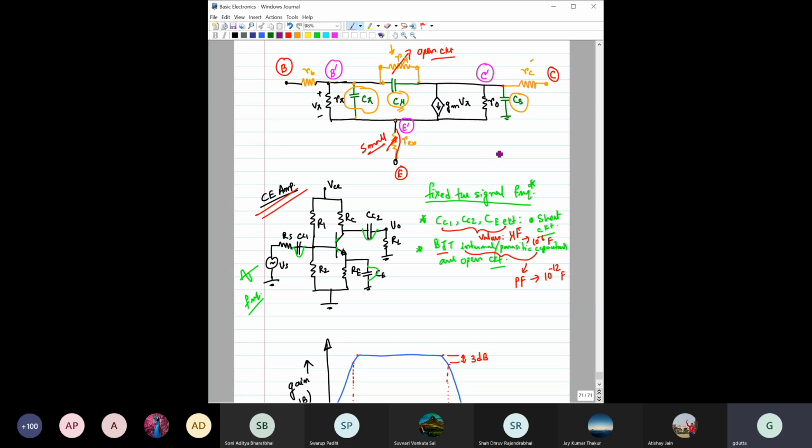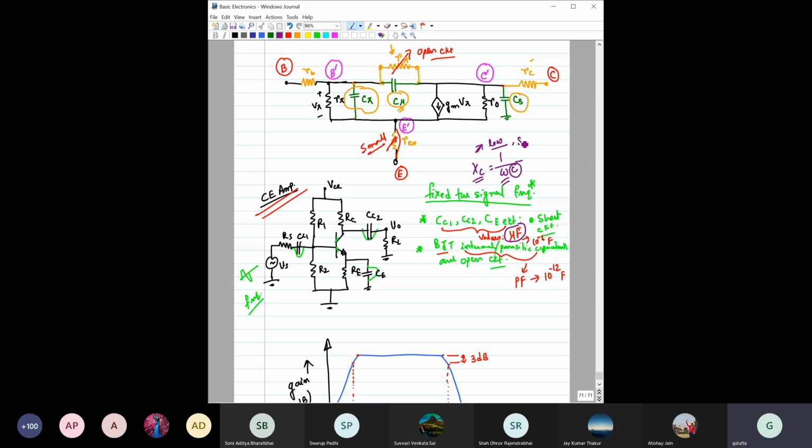Now, the reactance, or impedance, offered by a capacitance is basically 1 over omega C, right? So we have chosen the frequency such that for the microfarad range of values of CC1, CC2, CE, etc., the impedances are pretty low.